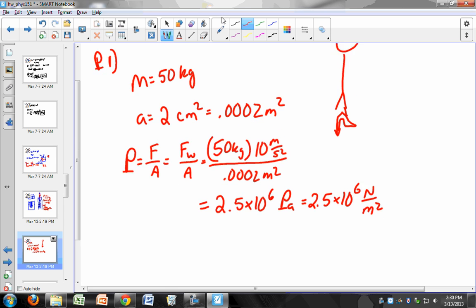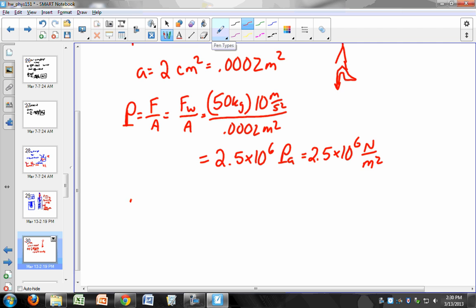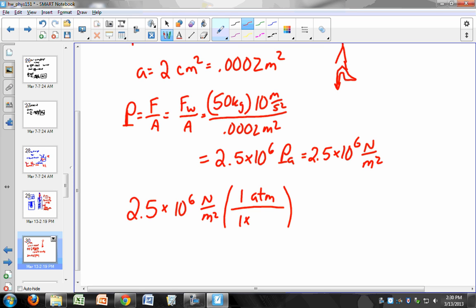And it also asks to express this in atmospheres, so I can do a conversion here, and you will need to know how to do this. 2.5 times 10 to the 6 newtons per square meter. And then I multiply it by a conversion factor like we did back in chapter 1. In 1 atmosphere, there are 1 times 10 to the 5th pascals, or newtons per square meter.